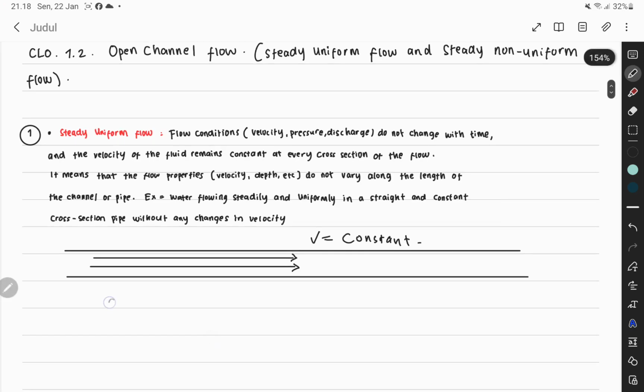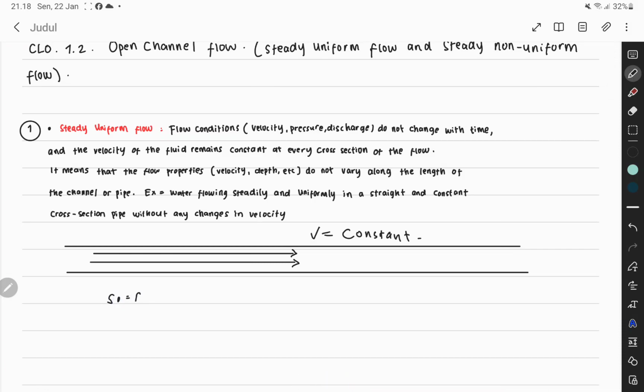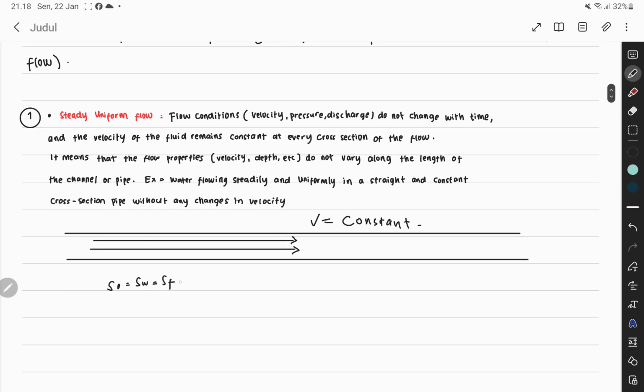It means SO equals SW equals SF equals I. This is the energy line, water surface, and bottom all parallel. That is, their slopes are all equal: SO equals SW equals SF equals I. This is in steady uniform flow.